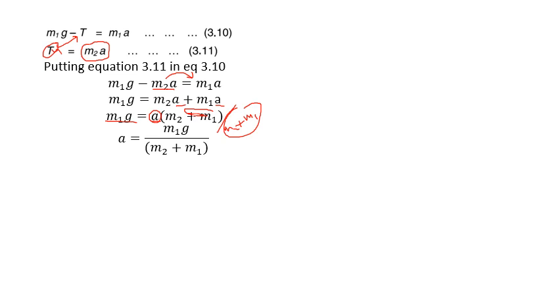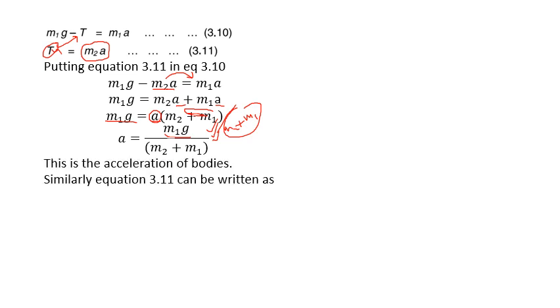So a is equal to m1 multiplied by g divided by m1 plus m2. This is the formula to calculate the acceleration of the bodies attached to the inextensible string passing over the frictionless pulley. But remember, one body is moving horizontally and the other body will move vertically.